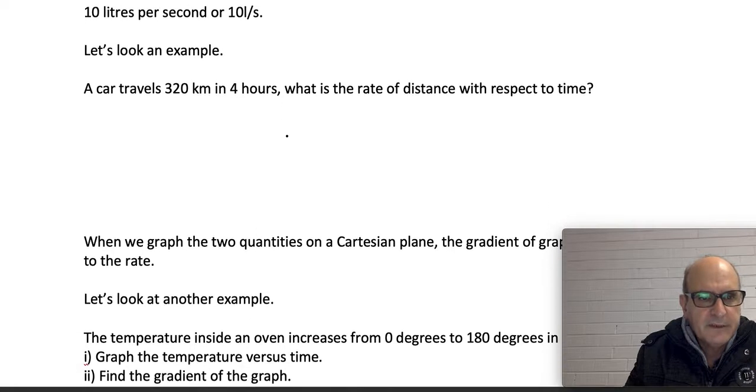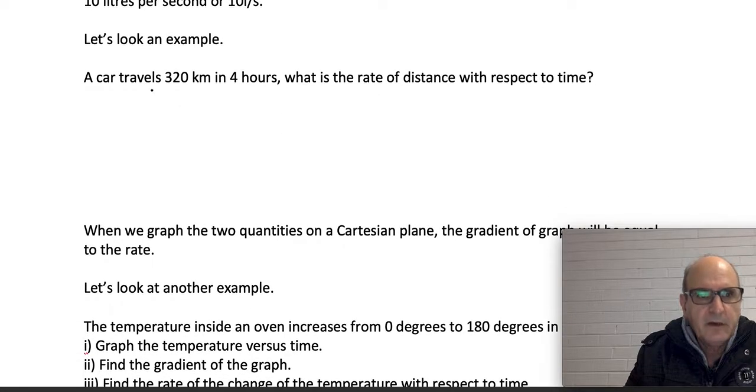All right, for this example, a car travels 320 kilometers in 4 hours. What is the rate of distance with respect to time? The way we go about it is we say, we're talking about two quantities. I write the quantities at the top. What are the quantities we're talking about?